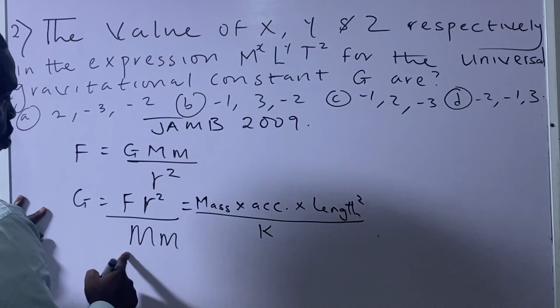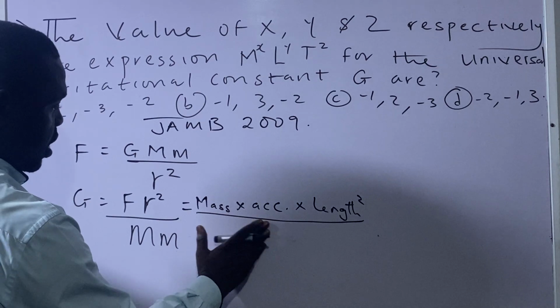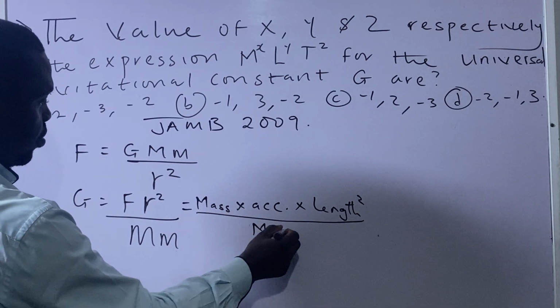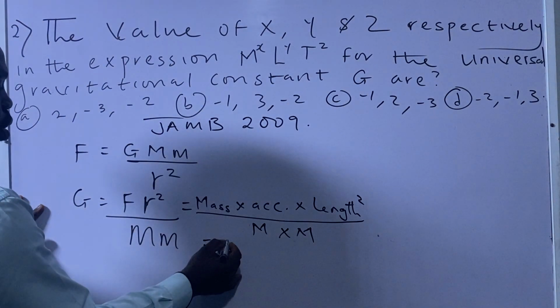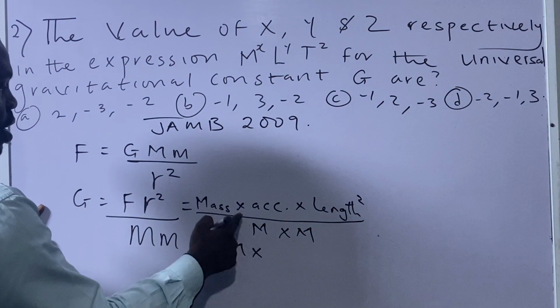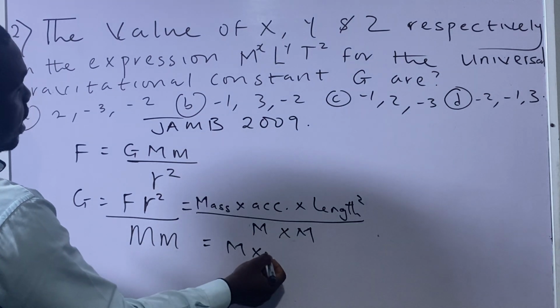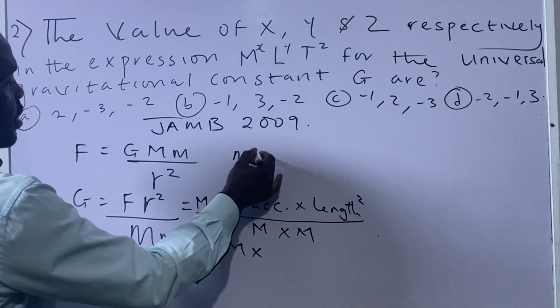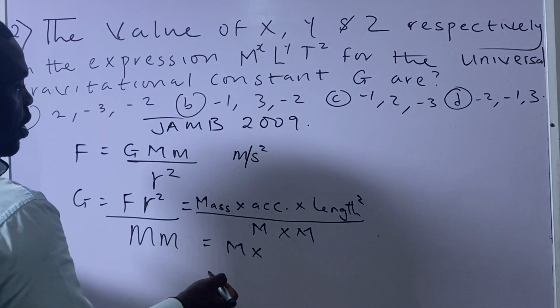This is mass too, so I could leave it as mass if I so wish. Now we know that acceleration due to gravity is meter per second square, something like this.